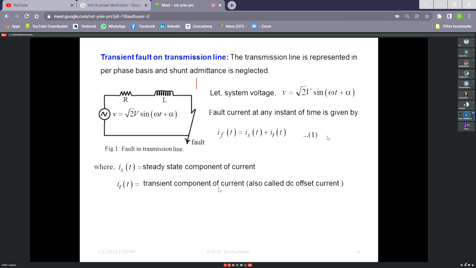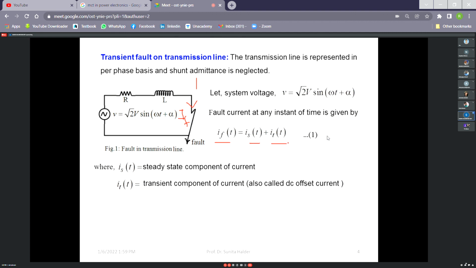So there is a sudden change. So what is the fault current? Fault current is the current in the faulted path. This is the fault current. I have written capital IF, which means it is an RMS value. If we write small if, then it is an instantaneous value. The instantaneous value will have some steady state value and some transient value, right?